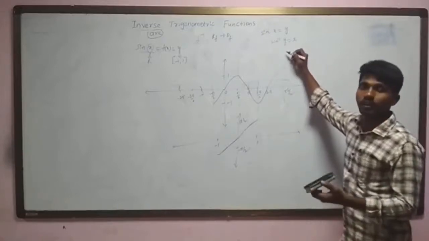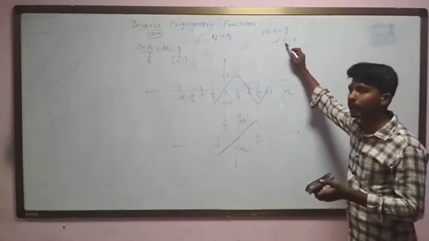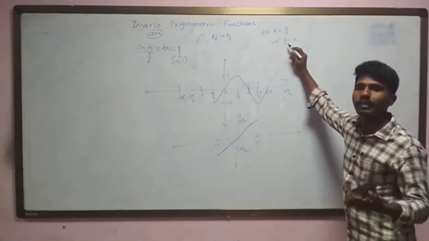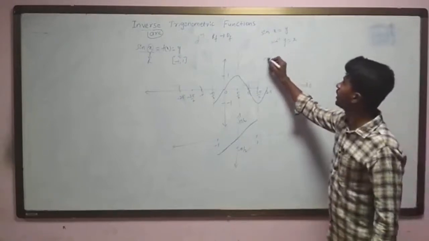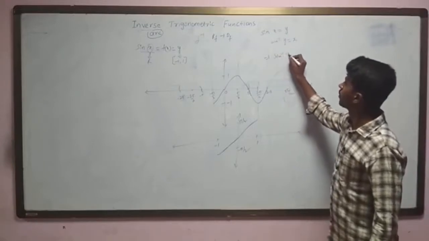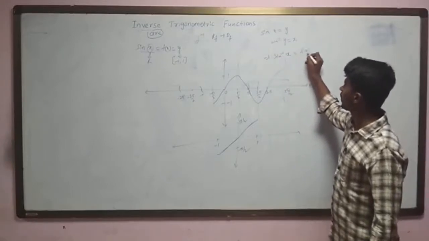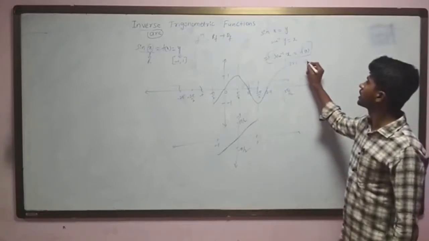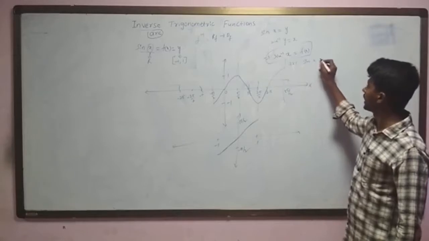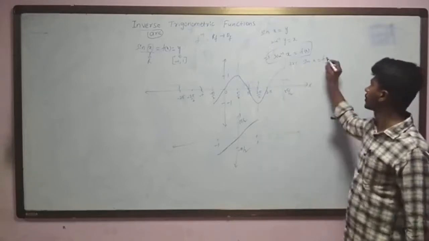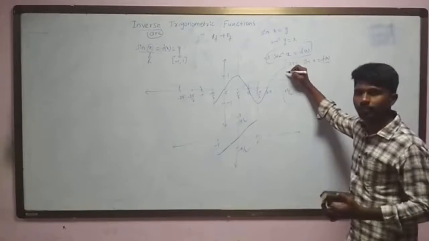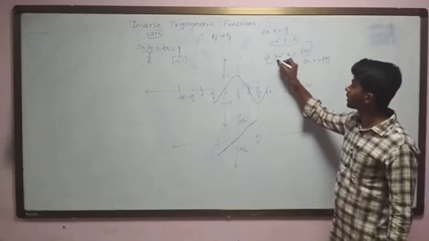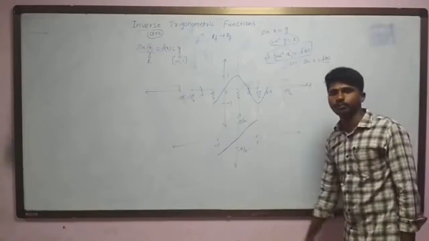Now, for comfortability, what we do? We replace this y by x to make it into a function in terms of x. So we can rewrite this as sine inverse of x, which is f of x, or arc sine x is equal to f of x. Now we should know the difference between sine inverse x and sine x power -1.